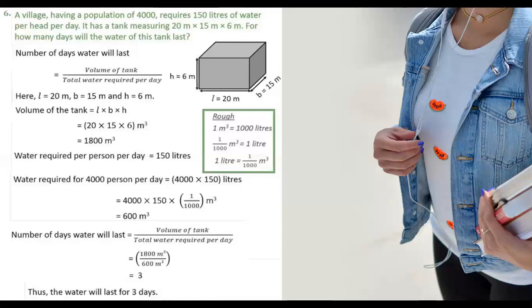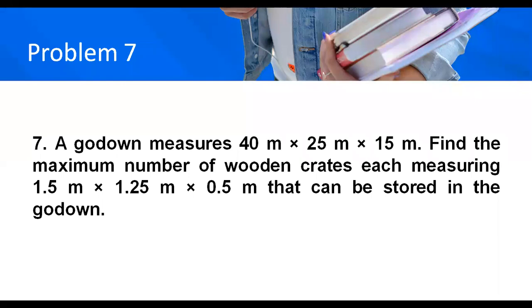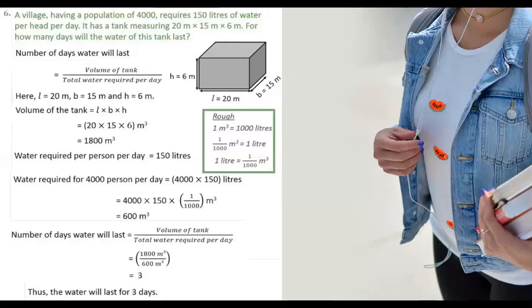Now we need to find the total water required. Water required per person per day is 150 liters. So water required for 4,000 persons per day is 4,000 into 150 liters.